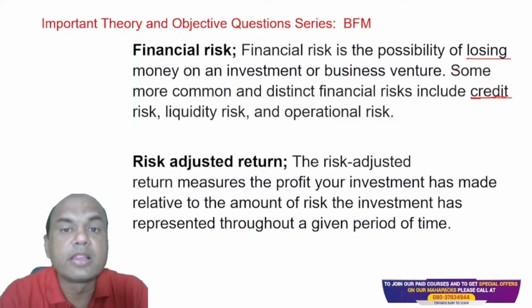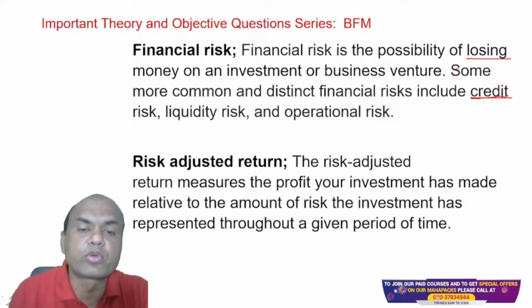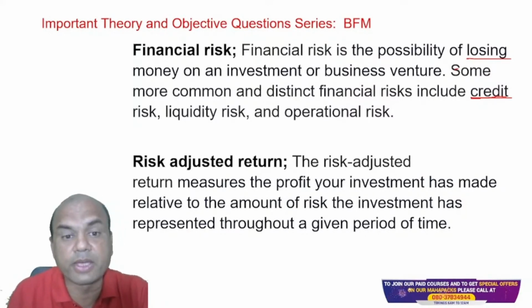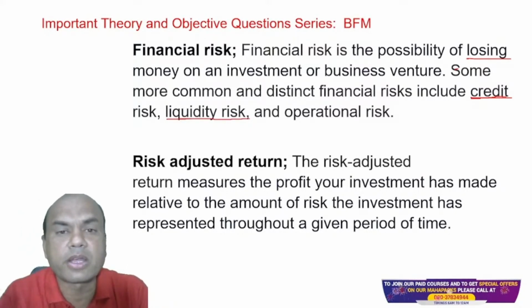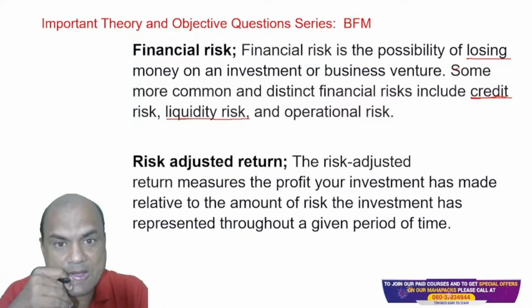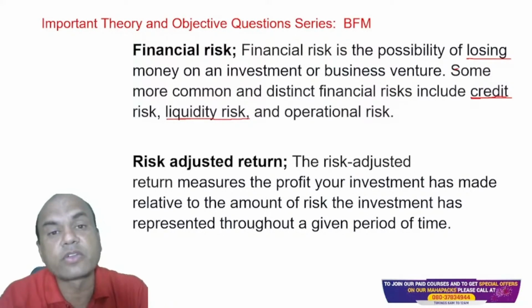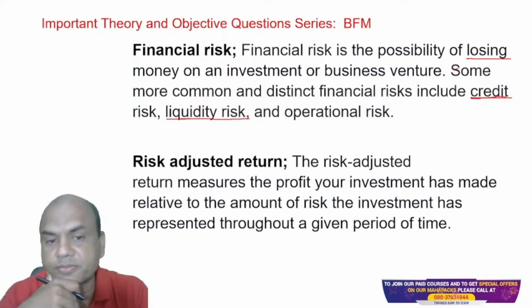Liquidity means what? Suppose the bank gives a higher percentage of loan as compared to its deposits, then it will face difficulty in paying the normal rate of interest also, or normal liquidity risk for paying the common bills.